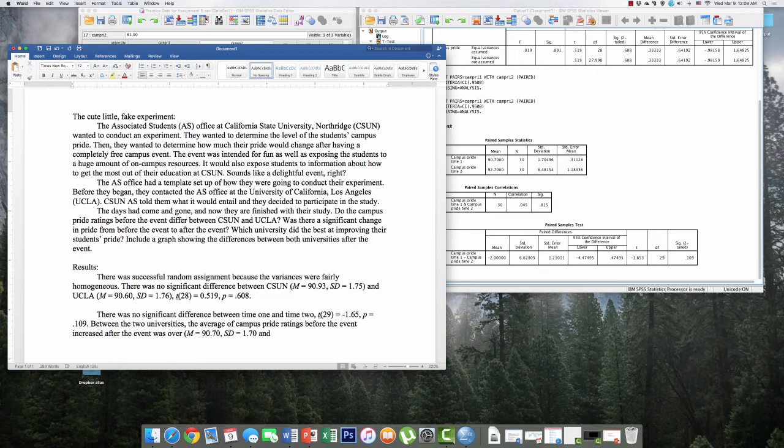And M equals 92.7, standard deviation 6.48. I'm actually going to get rid of that parentheses.